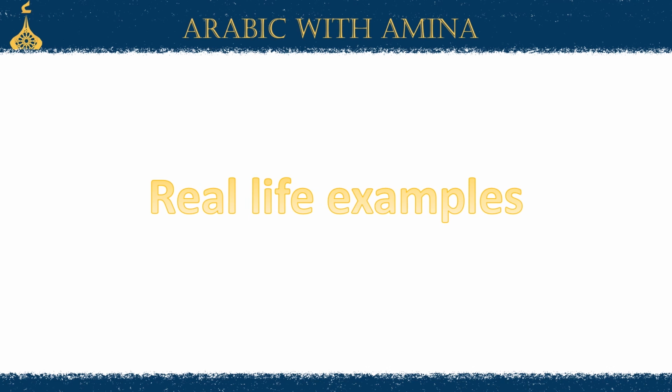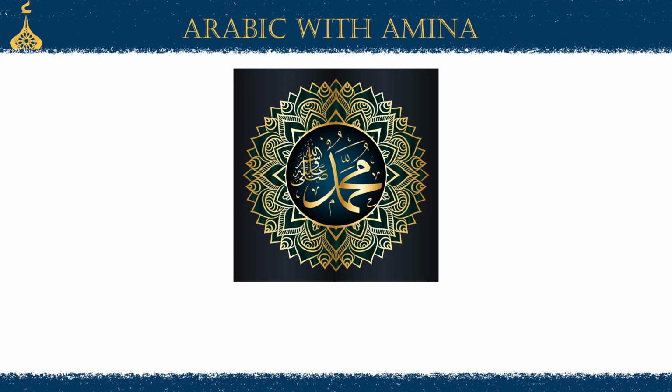Now let's explore some real-life examples showcasing these different writing styles. First off, we have this image, which is very prevalent in the Middle East. And what it says is the Prophet Muhammad's name, followed by Sallallahu Alaihi Wasallam, or peace and blessings upon him.